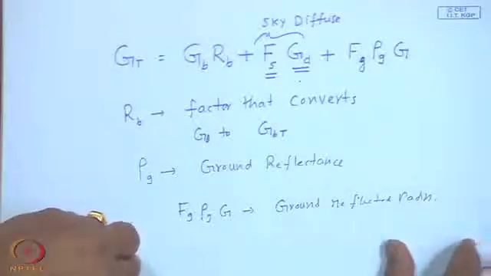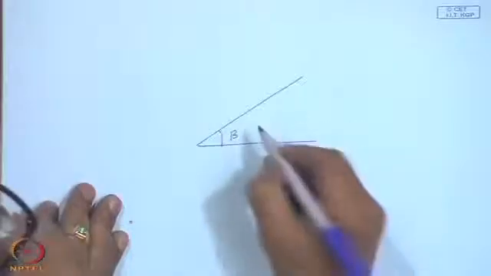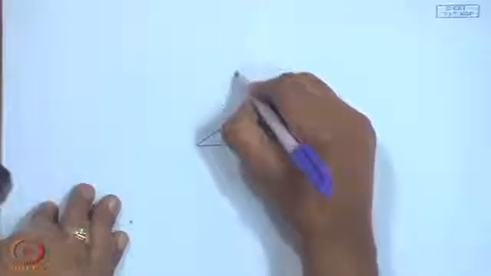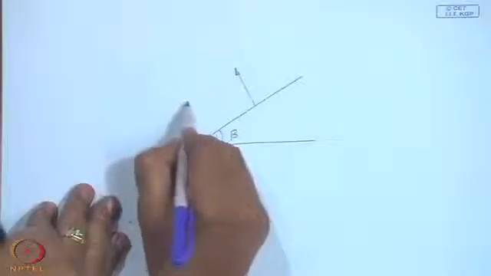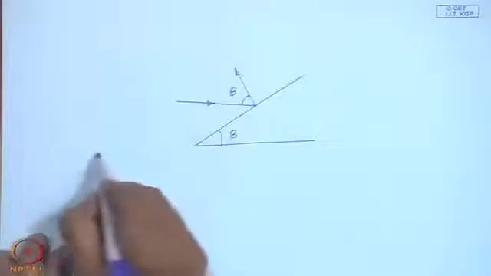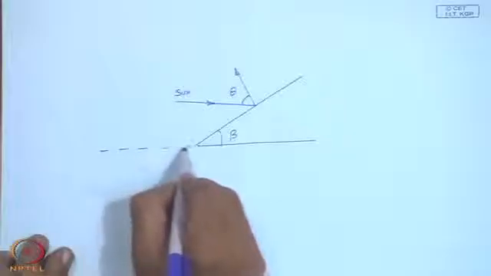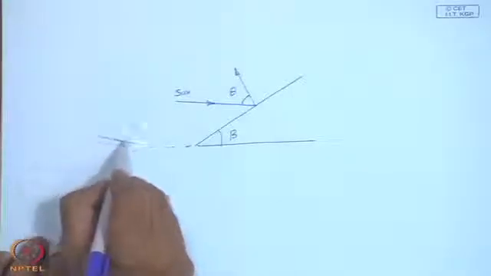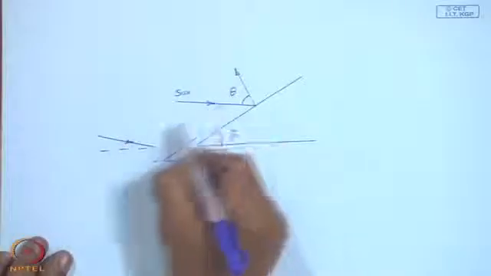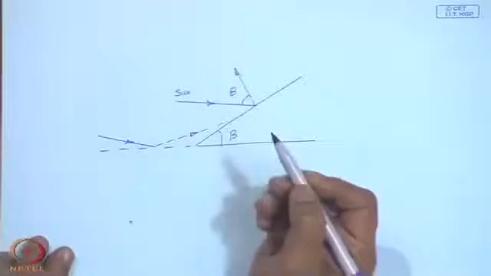radiation. Now, to make you appreciate, if there is a collector with certain slope again, and then of course, I will keep on showing this. There is sun's ray with an angle theta, this is sun, and if this is the ground, sun's ray will fall on this, these two should be parallel, and which will be reflected.